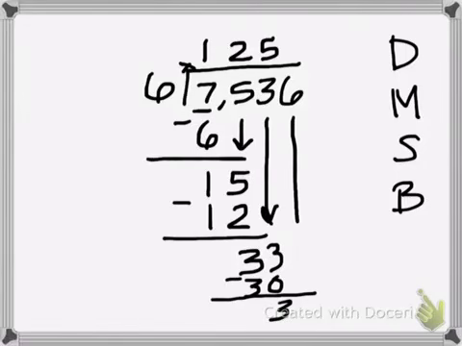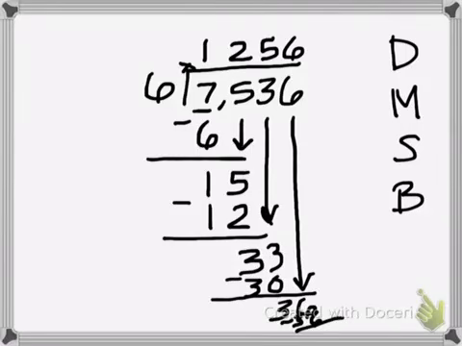This is the last digit in my dividend. This is the last digit that I'm going to be bringing down. 36, and I'm going to do the whole process again. Dividing 6 into 36. This works out nicely because 6 times 6 is 36. I always want to make sure to go ahead and finish out the steps and subtract 36.